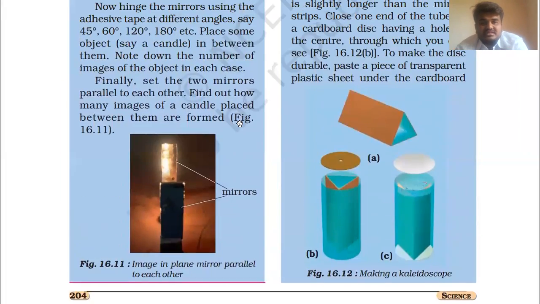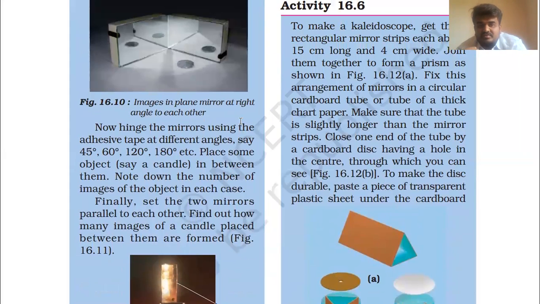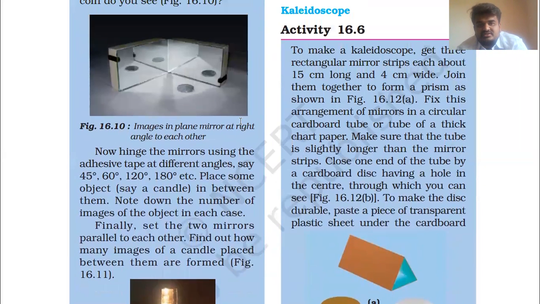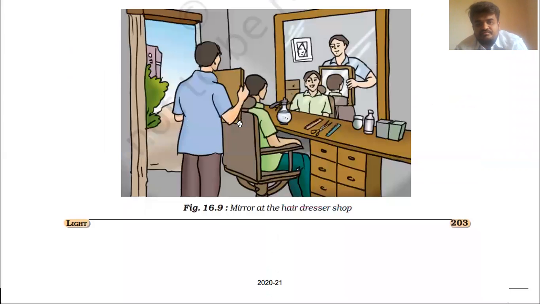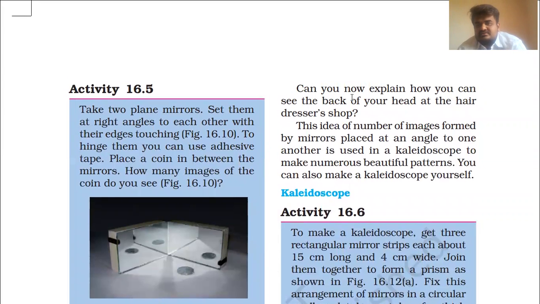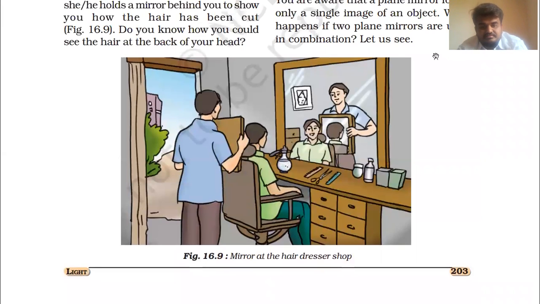So if you set a pair of mirrors parallel to each other, then you can have some more images also. The same example is given here: can you now explain how you can see the back of your head at the hairdresser's shop?